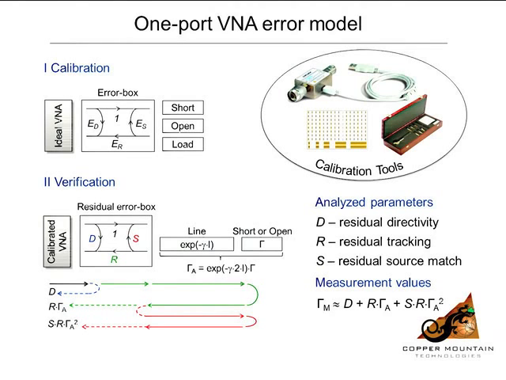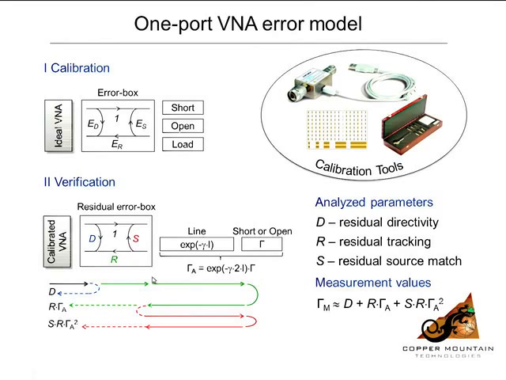So the conventional algorithm uses time domain processing. To separate the residual signals in the time domain, a precision verification line is used with a short to allow for separation in time, or equivalently length. That's illustrated down here below, where the directivity does not experience the delay of the line.